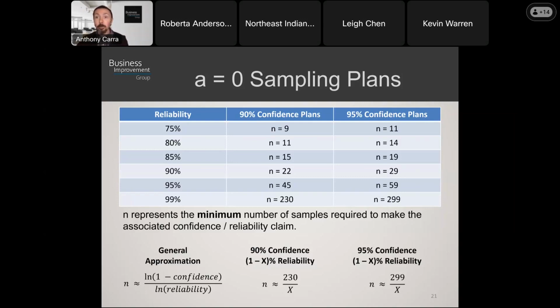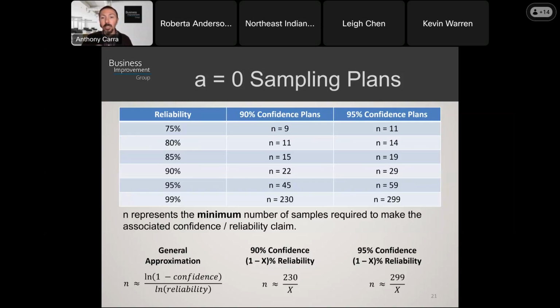And if you don't have this table and you don't have Minitab, I gave you a couple handy dandy estimate equations down below. One is the general approximation, where you can approximate your sample size based on the confidence and reliability, and it's a ratio of natural logs.